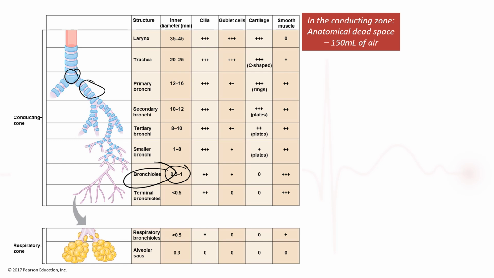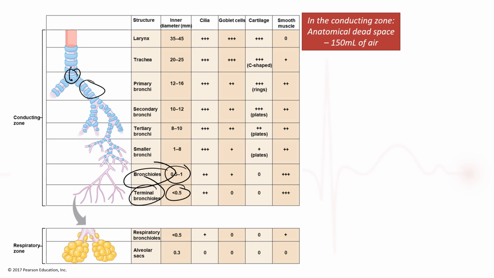And then the bronchioles will keep branching to even further orders, becoming smaller, and eventually they become what are called terminal bronchioles. Terminal bronchioles are branches of bronchioles that have internal diameters of less than 0.5 millimeters. They're incredibly small. And this is ultimately where air ends up.